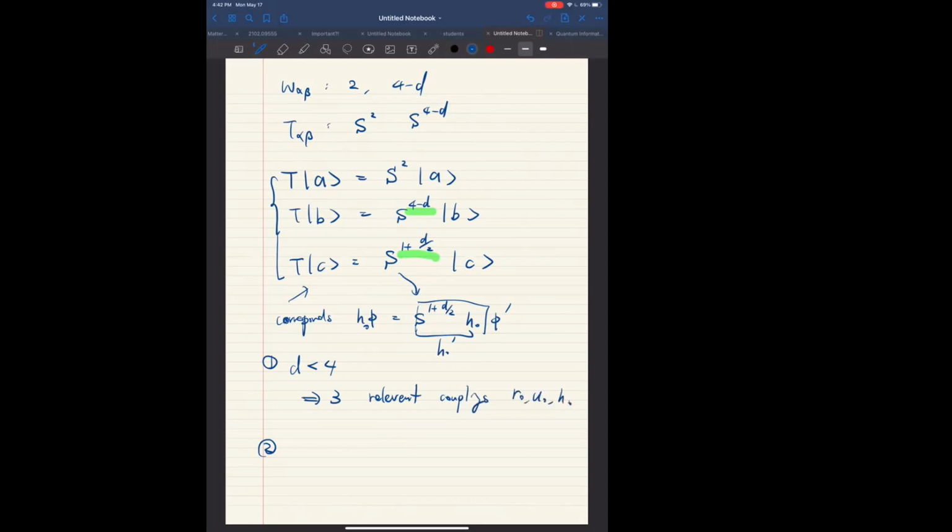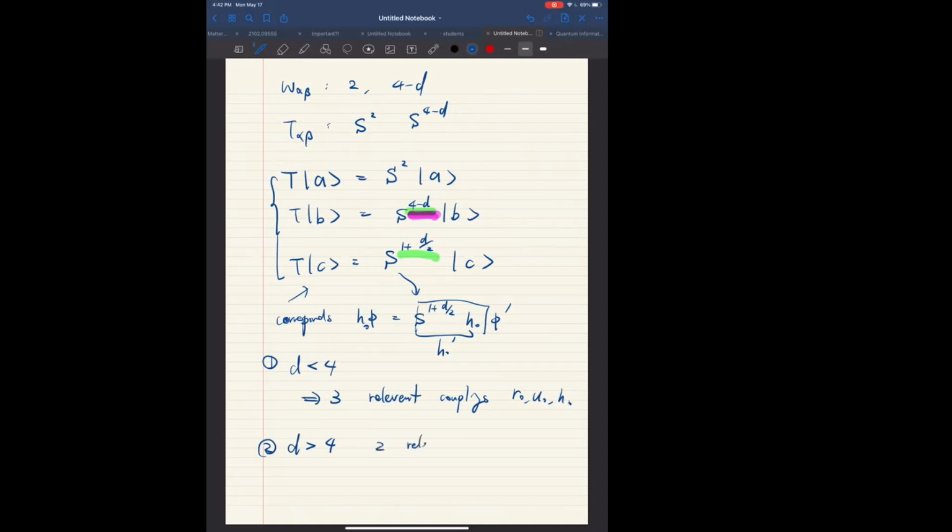Which everything will grow. However, for d greater than 4, this part will be growing smaller and smaller. So we have 2 relevant and 1 irrelevant.